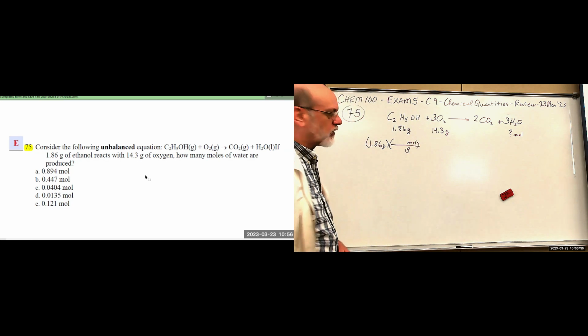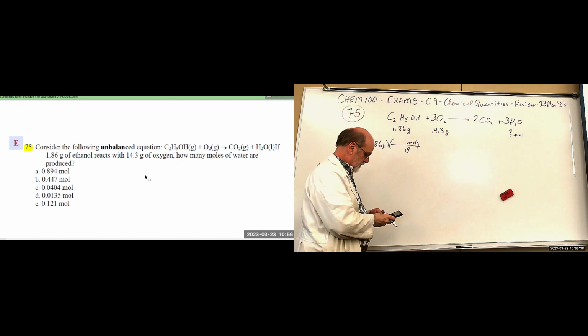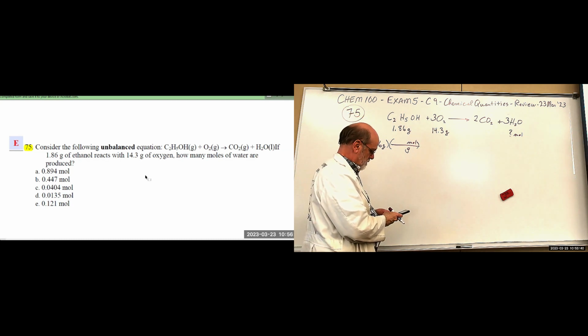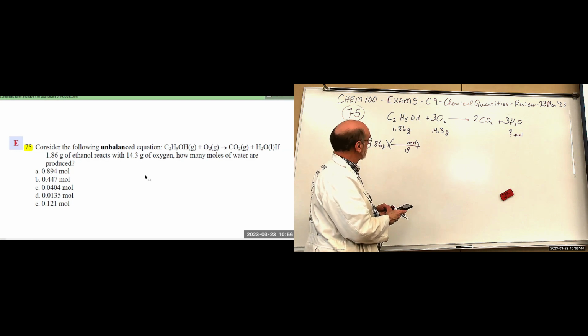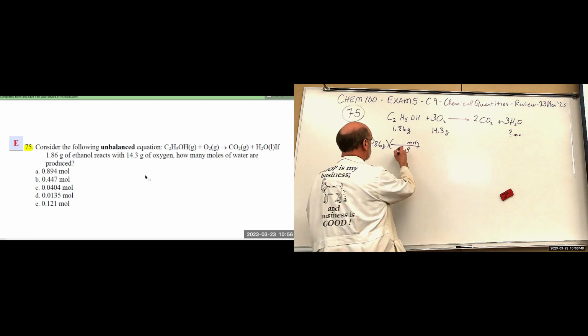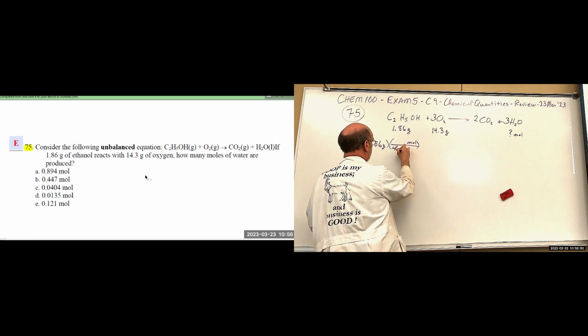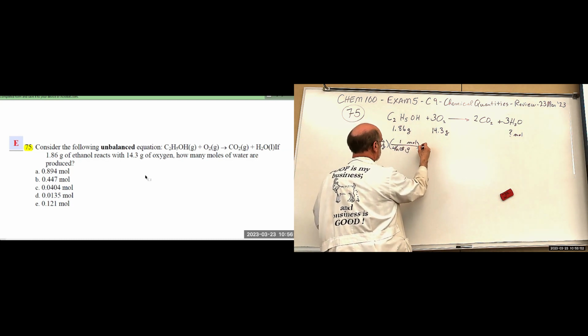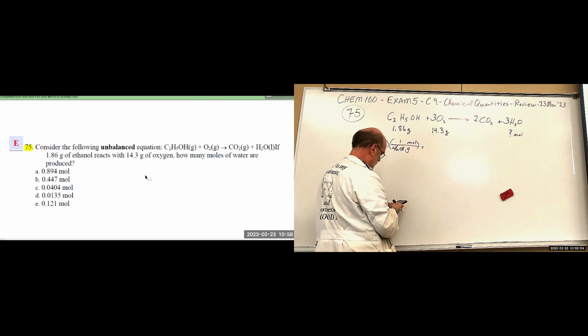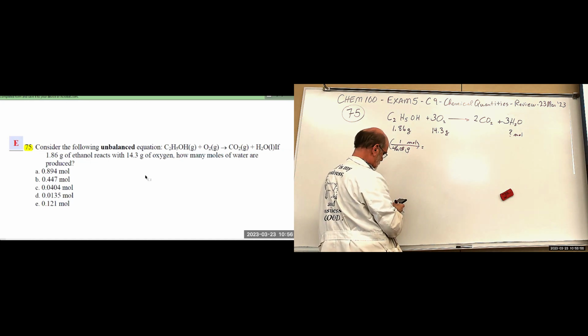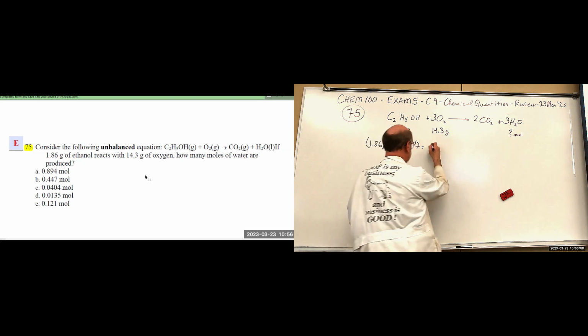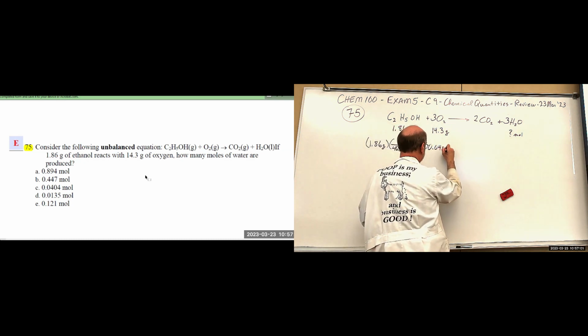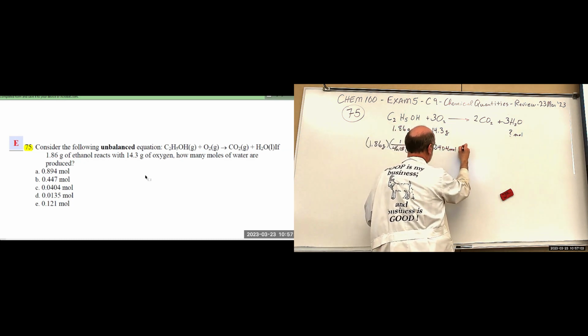So I'm going to do this one real quick. 2 carbons, 6 hydrogens, and 1 oxygen. So this is 46.08, and that's divided into 1.86, which is 0.0404 moles of ethanol.